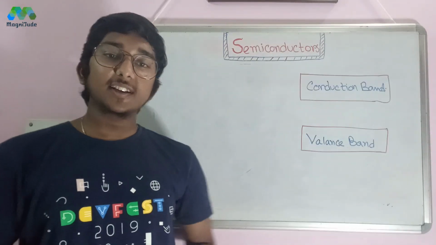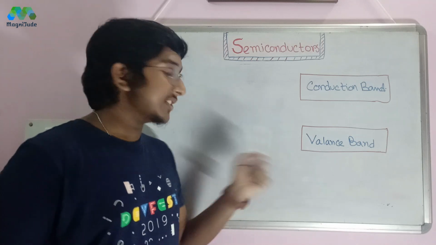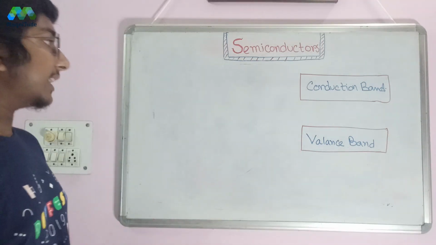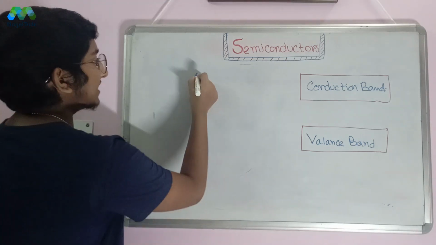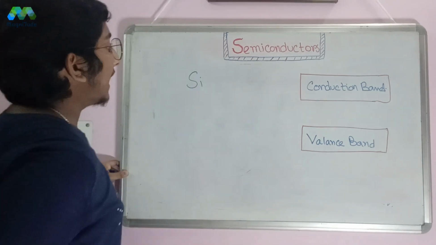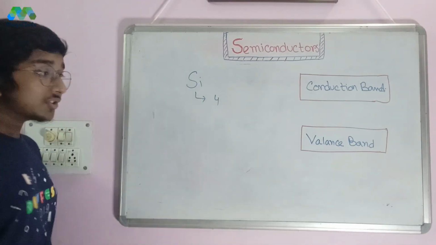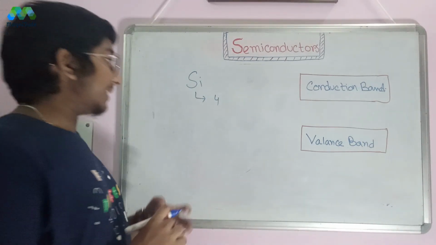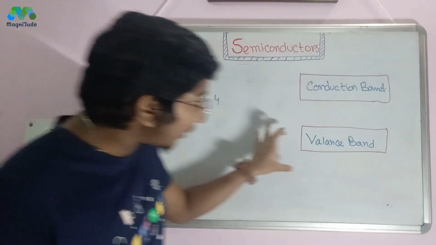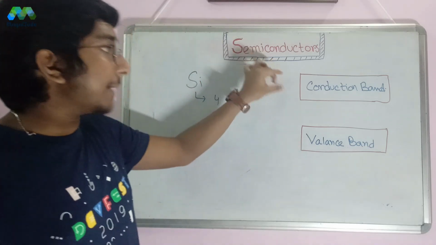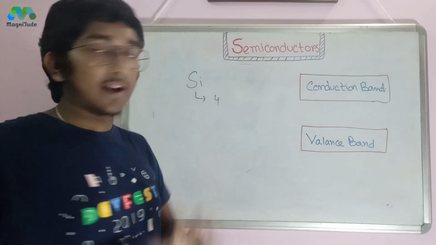Now we will discuss what the conduction band and the valence band are. Before discussing that, I would like to say that we have found that silicon, Si, has 4 valence electrons. These valence electrons are generally found in the valence band. And the conduction band is the band which is just above the valence band.